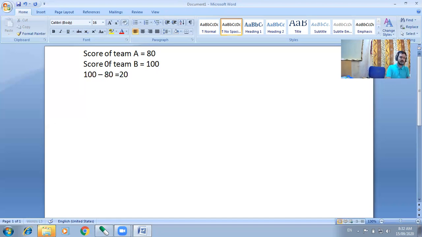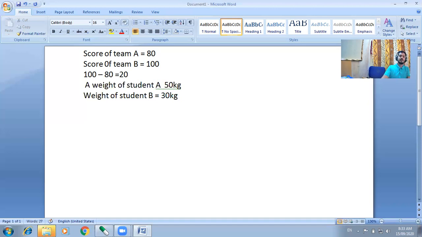Suppose the weight of student A equals 50 kg and the weight of student B equals 30 kg.